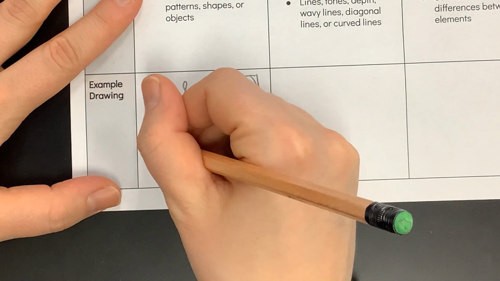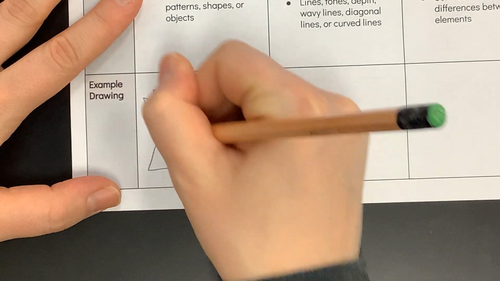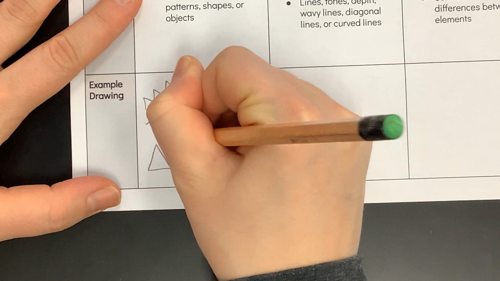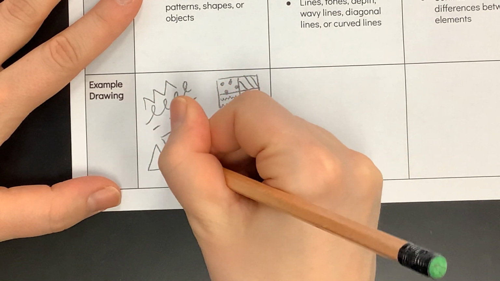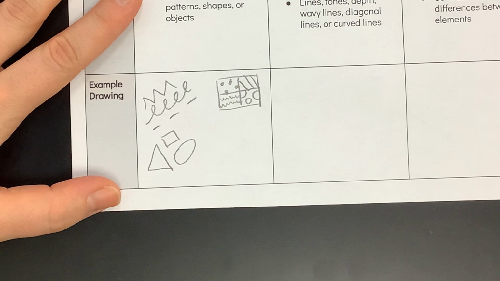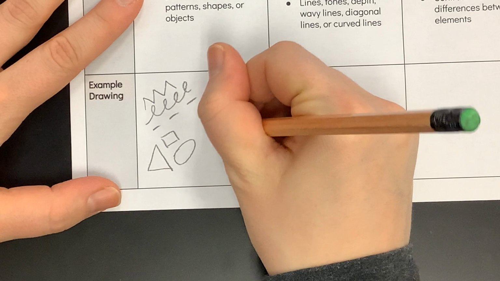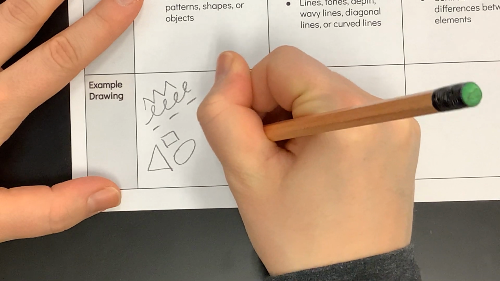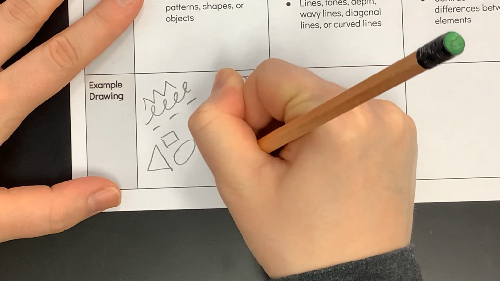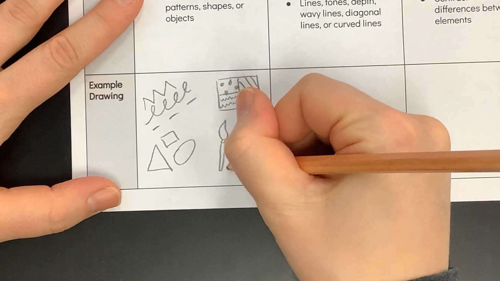We can do different shapes. So if I do a triangle over here, square, oval. And then certainly a variety of objects could be our last one. So thinking about simple objects that we could draw, maybe I want to do a paintbrush, and a pencil.